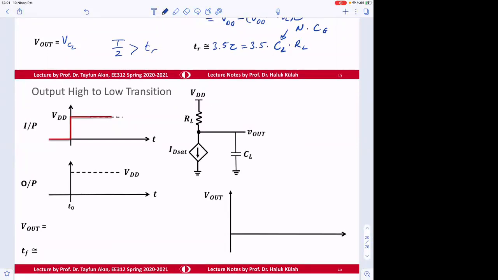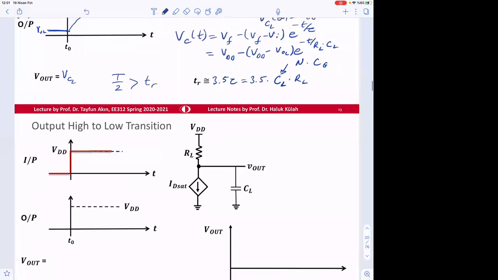Some people calculate this going from 90% to 10%. Going from 90% of the maximum to 10% is also another criterion to look at for TR.